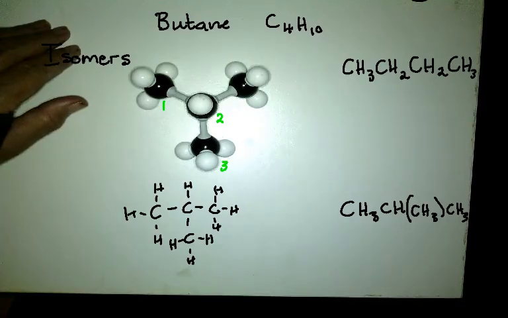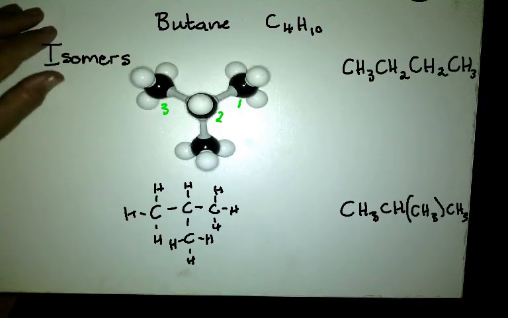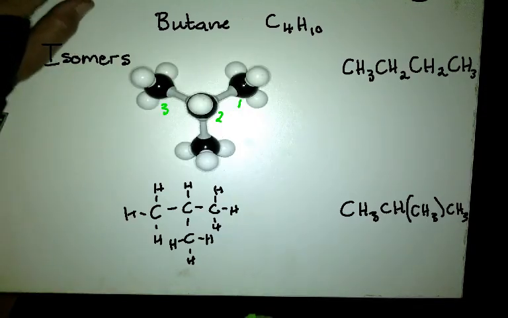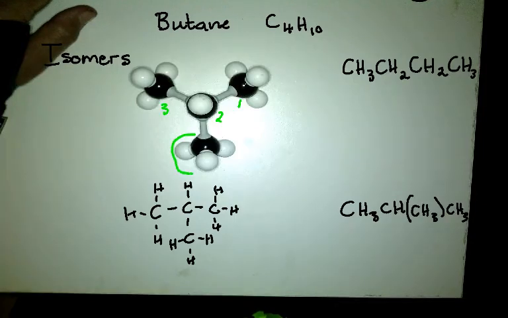I can even start at another point to count, 1, 2, 3. It doesn't matter how I count the longest continuous carbon chain in this molecule, it will have 3 carbons. And this group of atoms here is joined to the second carbon.